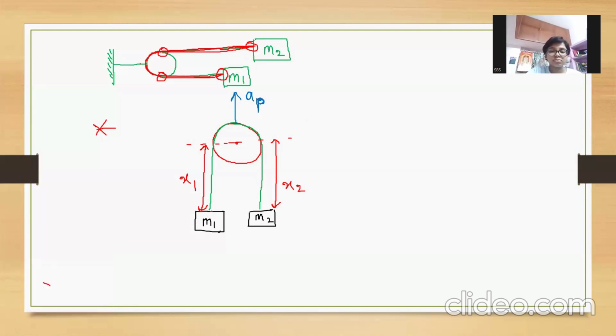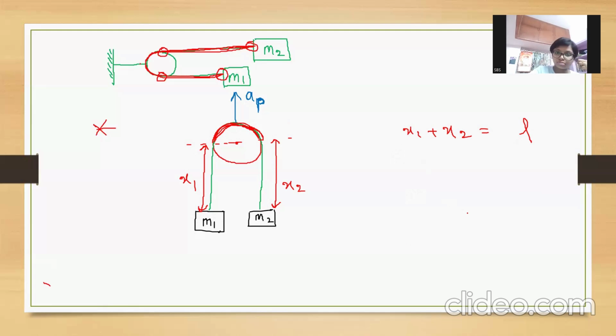Now from here to here, can I say X1 plus X2 is equal to the length of string L? Sir, but you are ignoring the part over the pulley, and this is constant, no? It never changes. I already added this portion. That will not change. We are only writing the variable length.